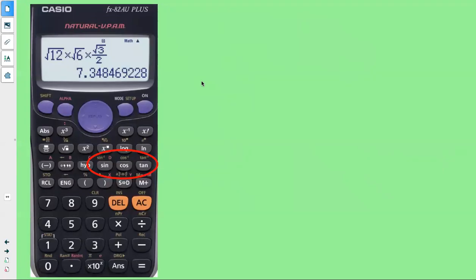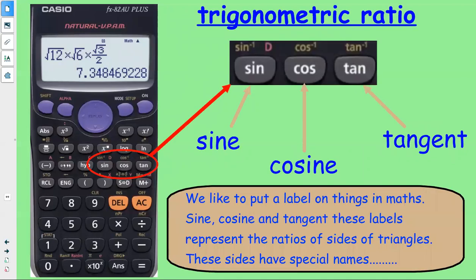On your calculator there is a sine, cos and tan button, so if I just zoom in on that. The sin button is really the sine button. The cos is really the cosine, and the tan button stands for the tangent.